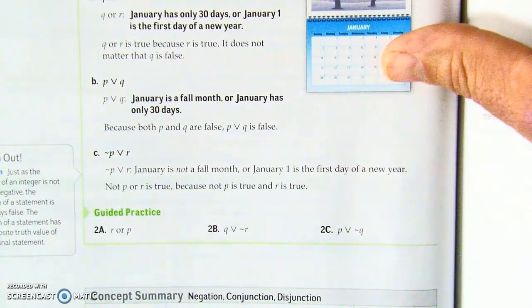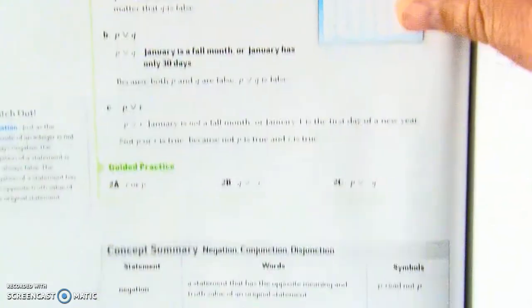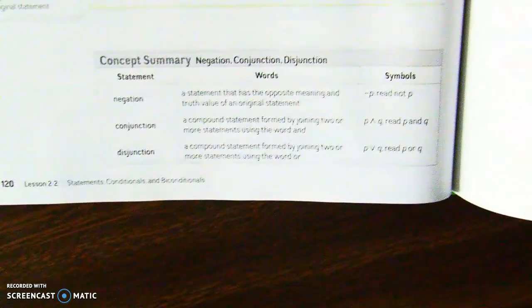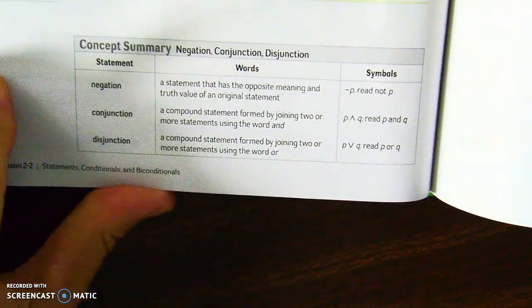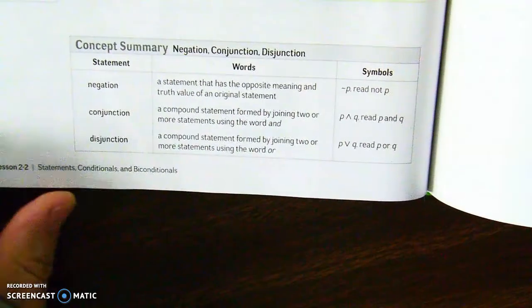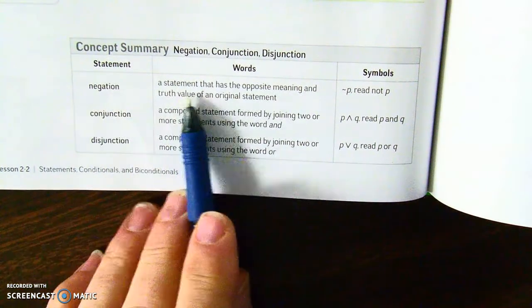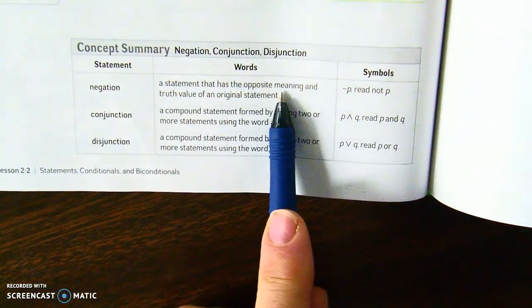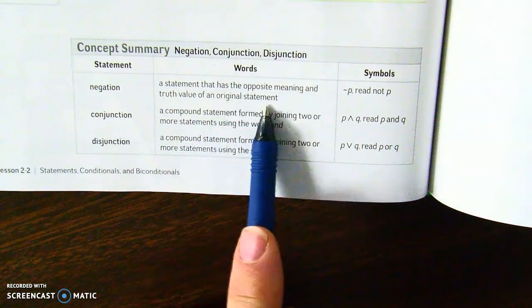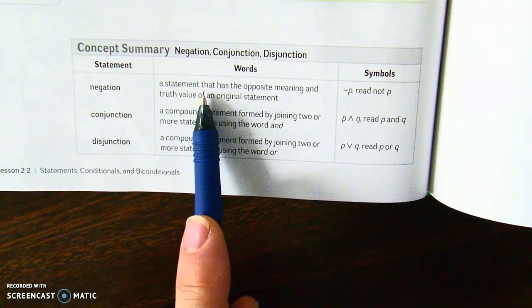Okay? So, in summary, for this part of this lesson, let's go back over these concepts here. And I don't think they're in our guided notes yet because we're not there yet. So if you ever look at this and go back, negation is a statement that has opposite meaning and true value of the original statement. So negation means it makes it false or makes it its opposite.